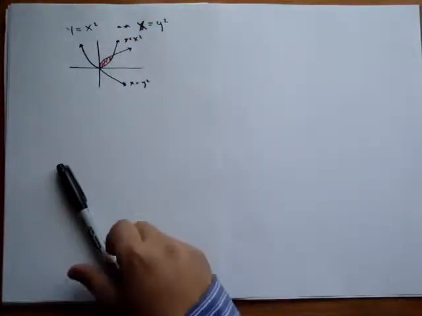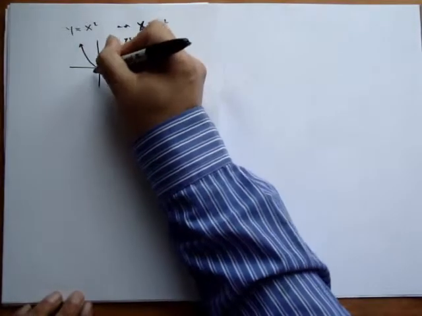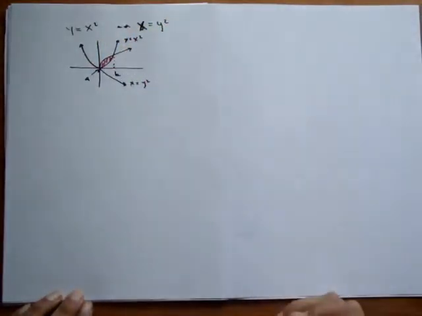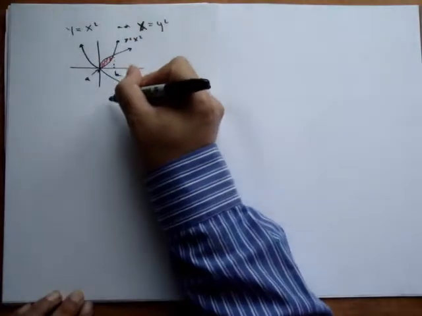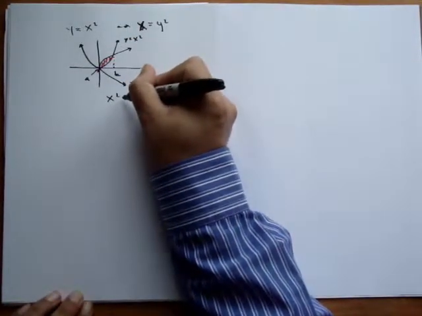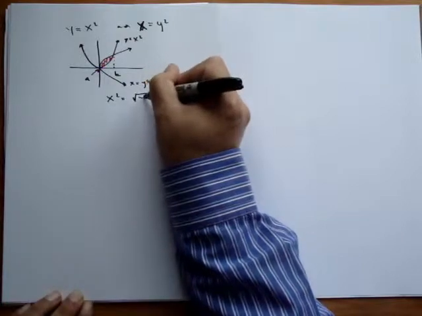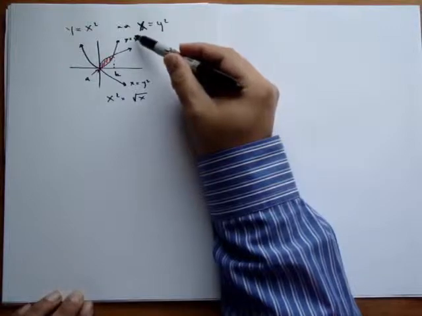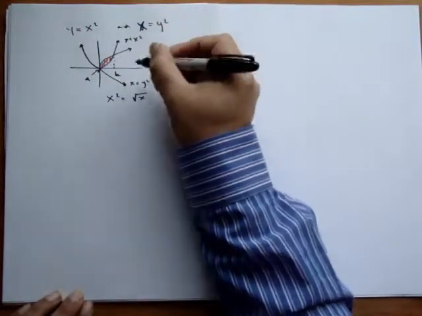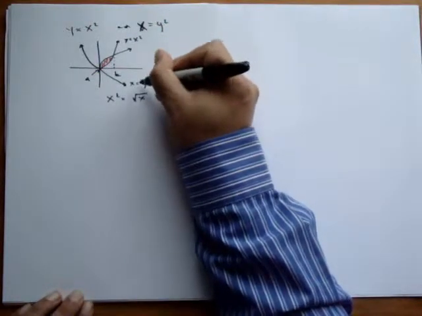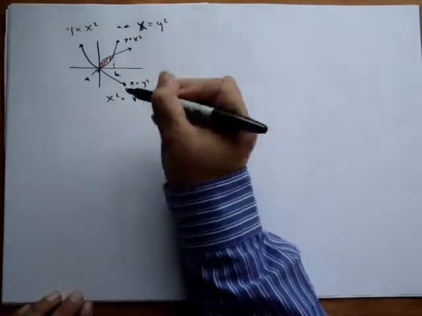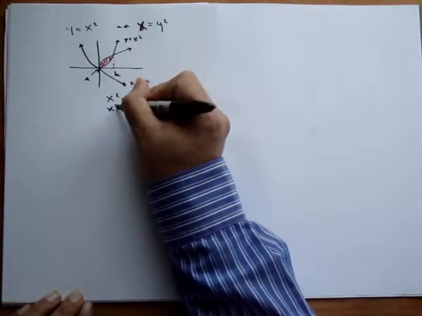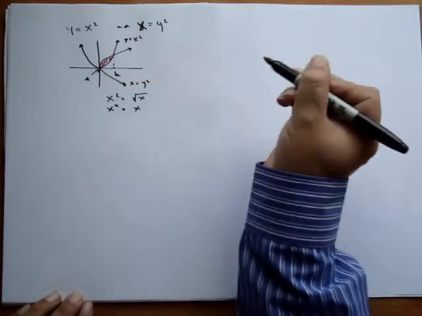So first of all we have to find our points of intersection, which would be A, and this one, which would be B. So we have x squared equals square root of x, because when we have x equals y squared, y equals square root of x. If we square both, we get x to the power 4 equals x.